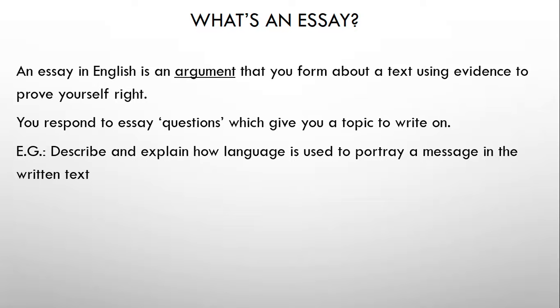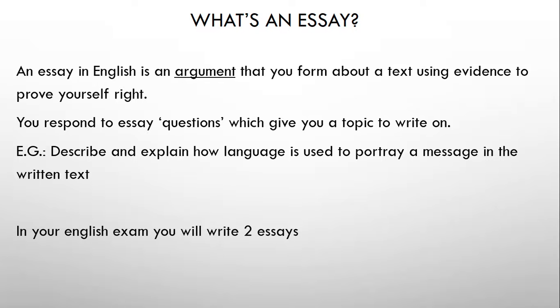And when you go into the exam, you will have about 10 essay questions to choose from. So really choosing the topic that you'll be writing about. But no matter what the question is, for your written text exam, you'll be writing on the poems or the novel that we'll study later on. So in your English exam, you will write 2 essays.